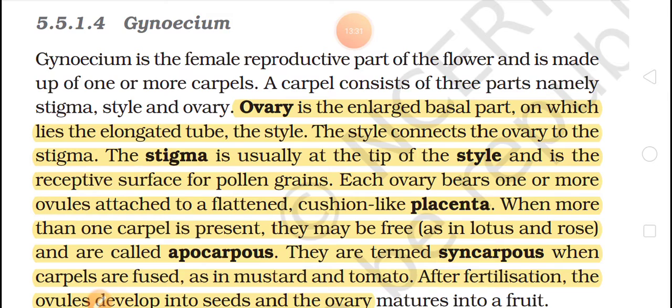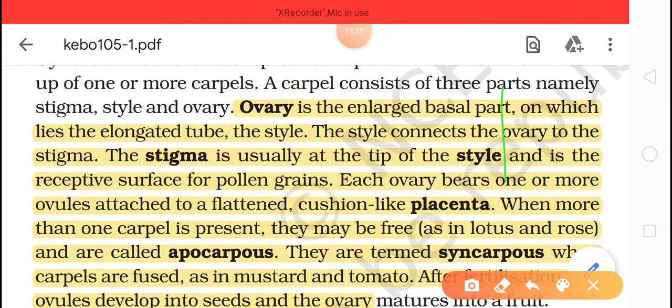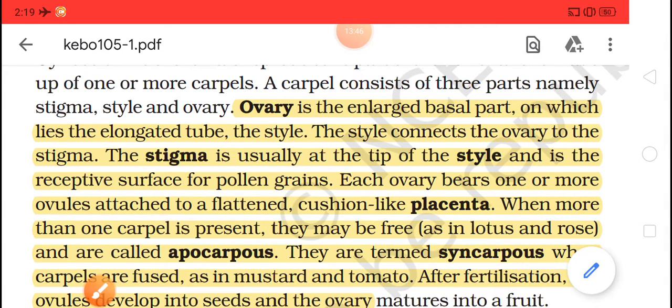Stigma is the upper part, where the pollen grains land, and through the style they reach the ovary, and in the ovary fertilization takes place. Clear about this?